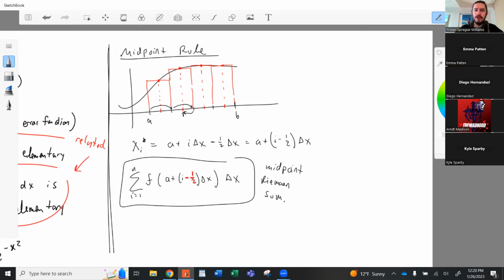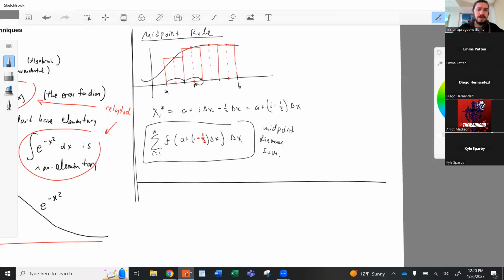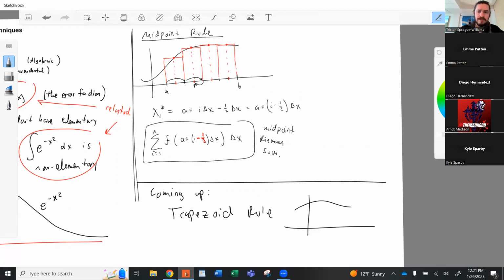Okay, there are going to be other rules coming up. We're going to do the trapezoid rule, which is where, as you can guess, you have these trapezoid type shapes that you build, right?